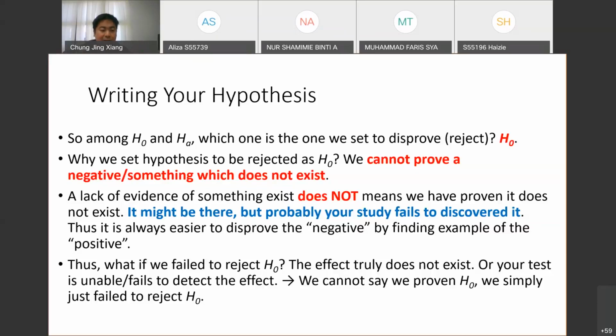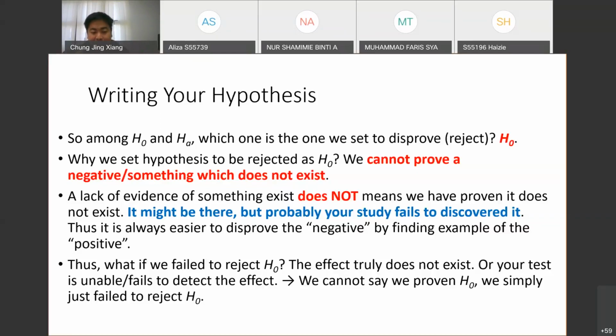So what happens if we fail to reject H0? What if we fail to reject H0, meaning we accept that something does not exist in our test? There are two possibilities. One, it really does not exist, or two, our test failed to detect it, like I told you just now.